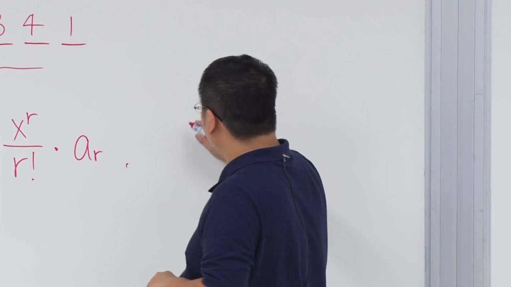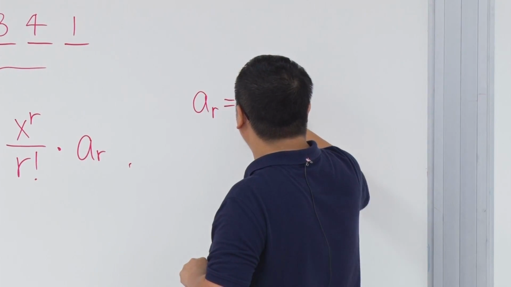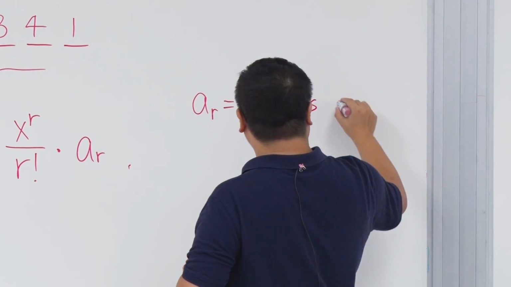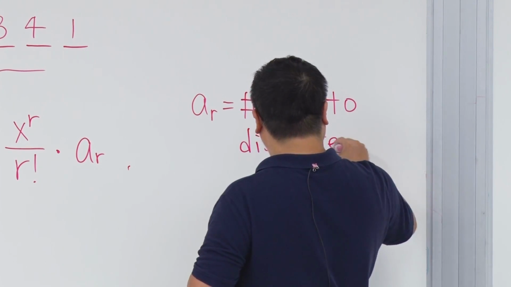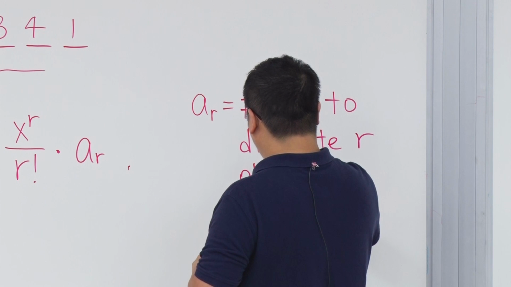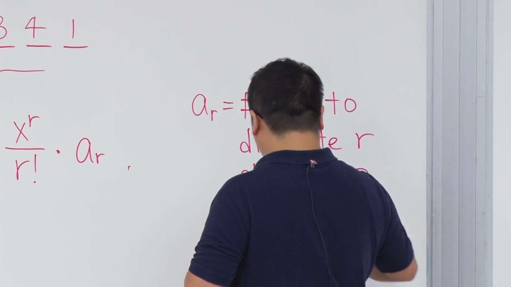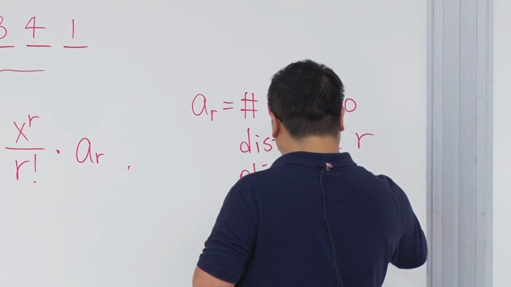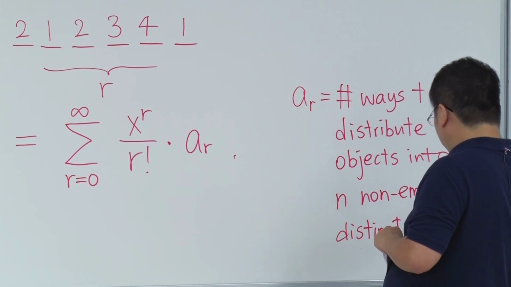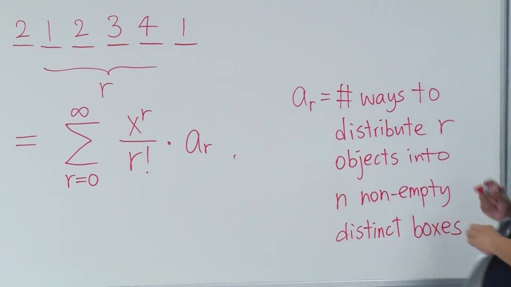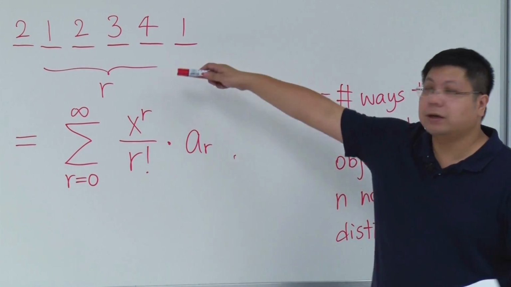Where AR is equal to the number of ways to distribute R objects into n non-empty distinct boxes. Is that okay? Good.